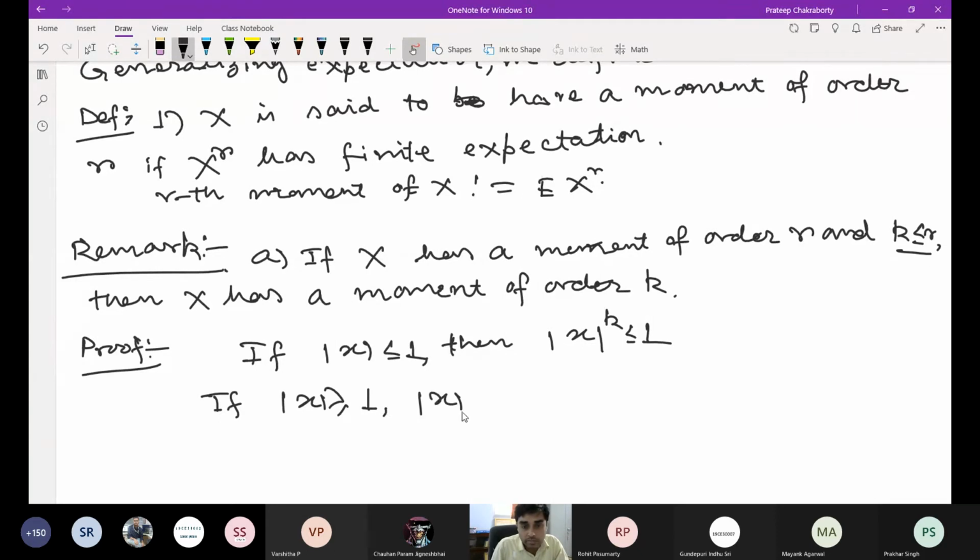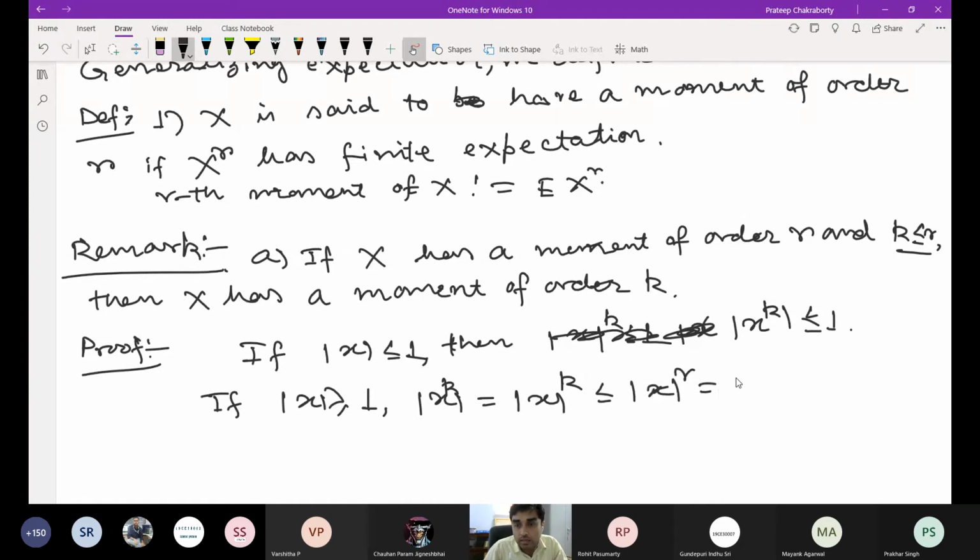So mod x power k, sorry, we put this k inside. It's equal to 1, that is obvious. In this case, mod x power k is less than or equal to mod x power r, because k is less than or equal to r.